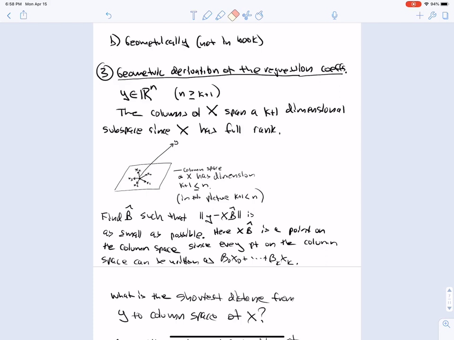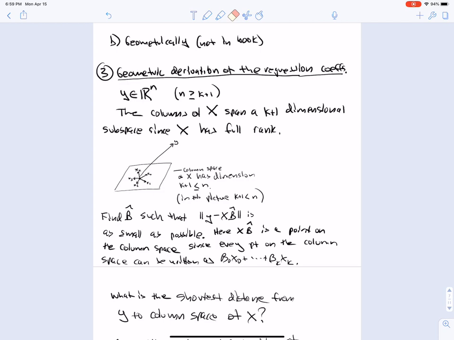Now, we want to find beta hat such that the distance from y to the column space is as small as possible. So what beta hat would we choose?